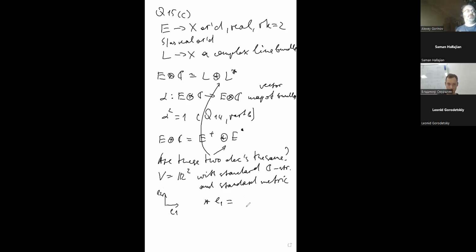I know that E1 wedge the star of E1 should be E1, E2.